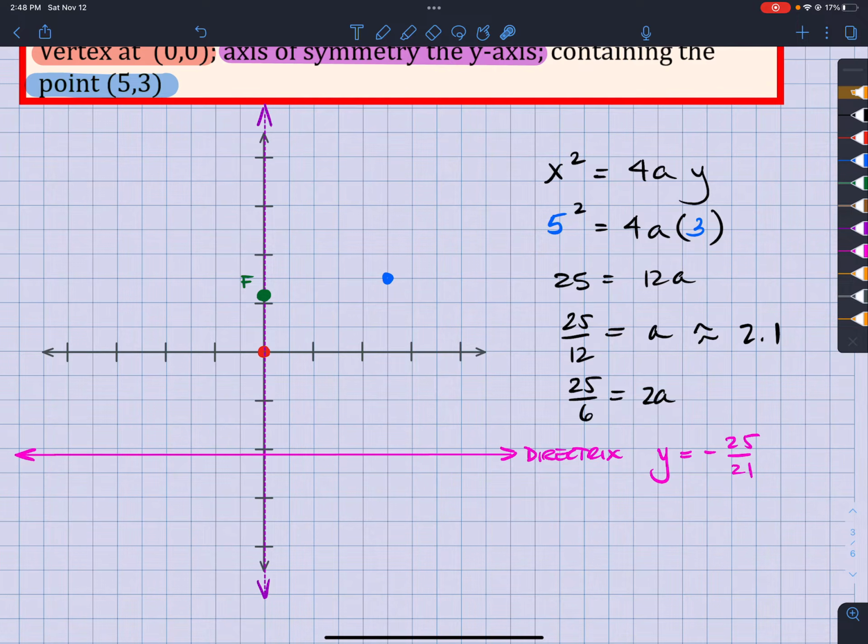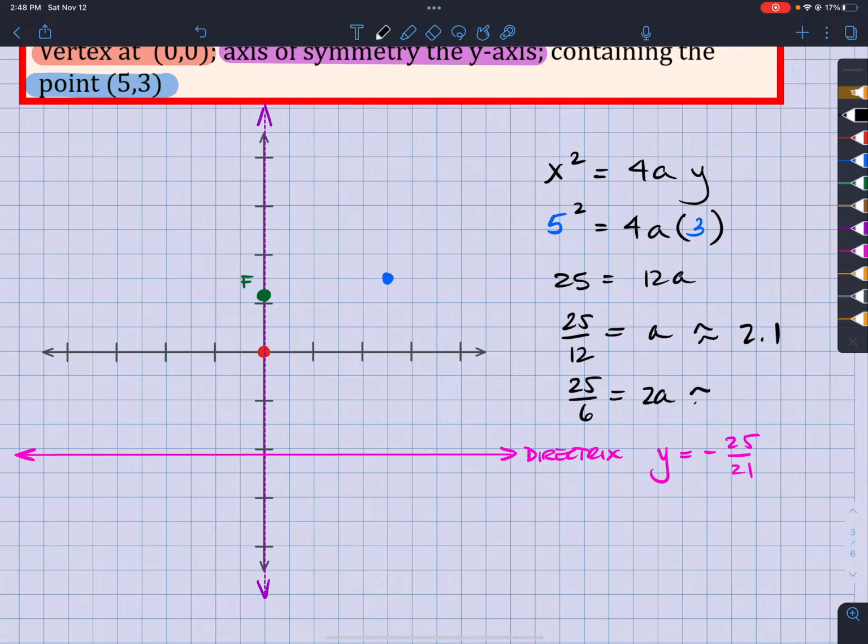So if 2a is 25 over 6, then I can go, let me see here, purple is used. Wow, so many colors being used at the same time. I guess I only have brown for the latus rectum. All right, so 25 divided by 6 is about 4.2-ish.